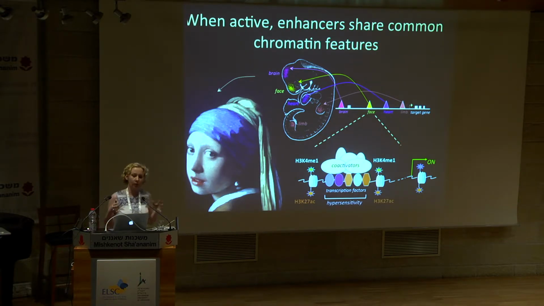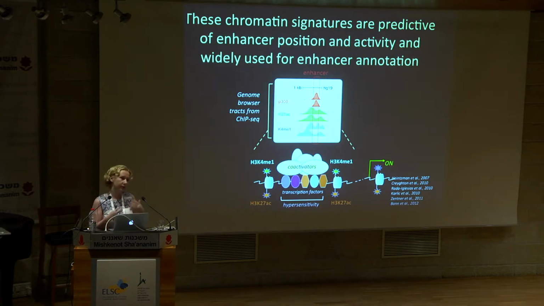But over the years, we also learned that active enhancers share certain common chromatin features, such as the presence of general coactivators like P300 or Mediator or remodeling complexes, and also presence of specific histone marks on flanking nucleosomes. And we also learned that these chromatin signatures, these very simple combinatorial chromatin signatures, are very predictive of enhancer position and activity and can be used for enhancer annotation in a variety of cell types and species.